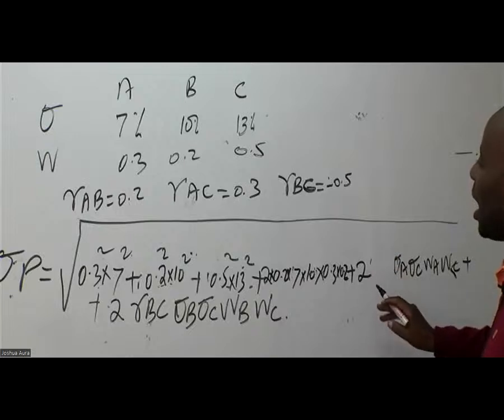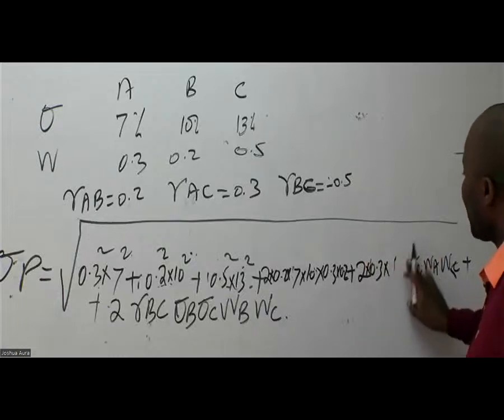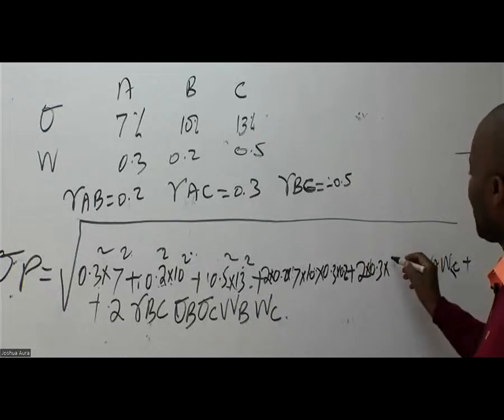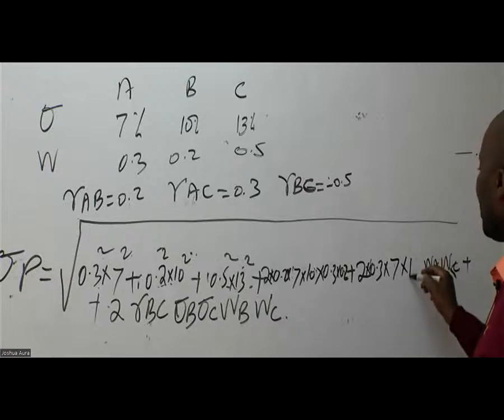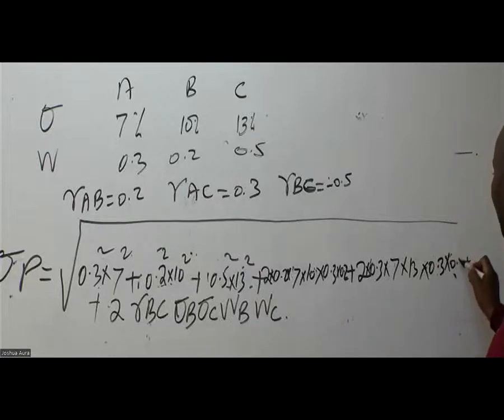RAC is 0.3 times standard deviation A, 7, standard deviation C, 13, times now the weights. Weight of A is 0.3 and then 0.5.